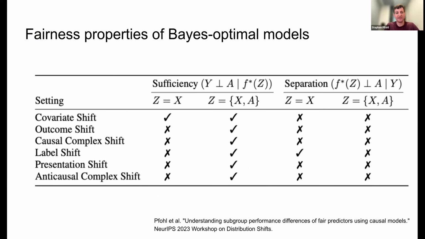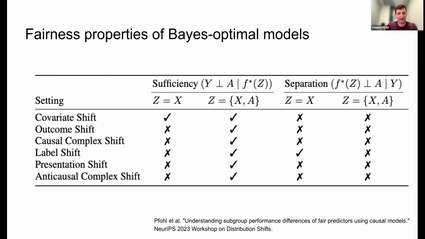Okay, so analysis of these causal graphs actually allows us to immediately read off certain fairness properties, again assuming that we are talking about these optimal predictors. What we can see is that when we talk about sufficiency, which is that equal calibration curve condition, and we fit a model using just X, so that's the left-hand column, we expect sufficiency to be satisfied under the covariate shift graph and not under other graphs.